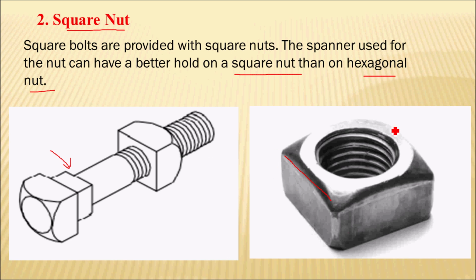So it will have a better grip on this nut as compared to the hexagonal nut, but it needs more clearance. That's why the spanner has to be turned through 90 degree in the case of a square nut. So it requires more clearance.